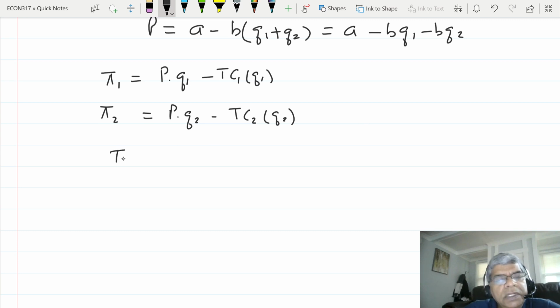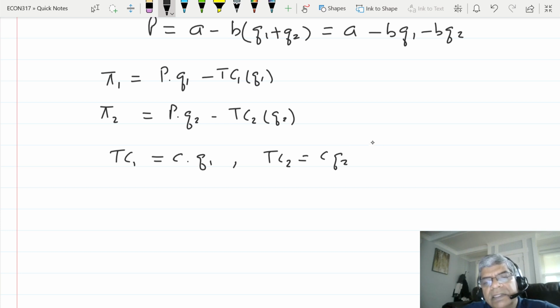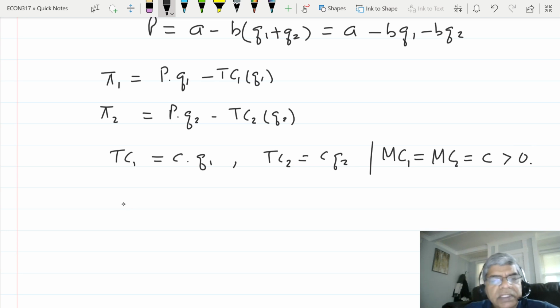I will take the total cost for firm 1 as C times Q1, so linear in quantity, and C times Q2 for firm 2, again linear in quantity. I have assumed the marginal cost for firm 1 equal to marginal cost for firm 2 equal to C, which is strictly positive. So in this sense, both these firms are identical in their cost structure.